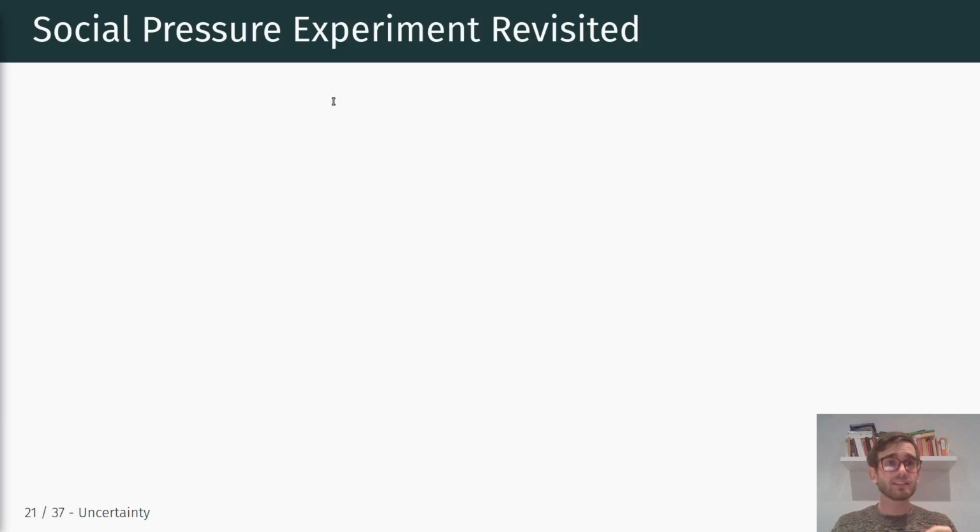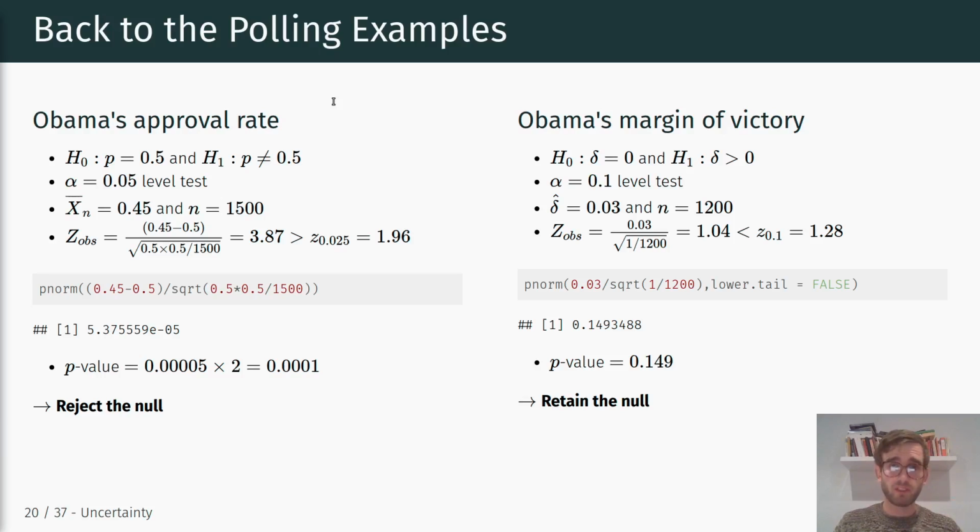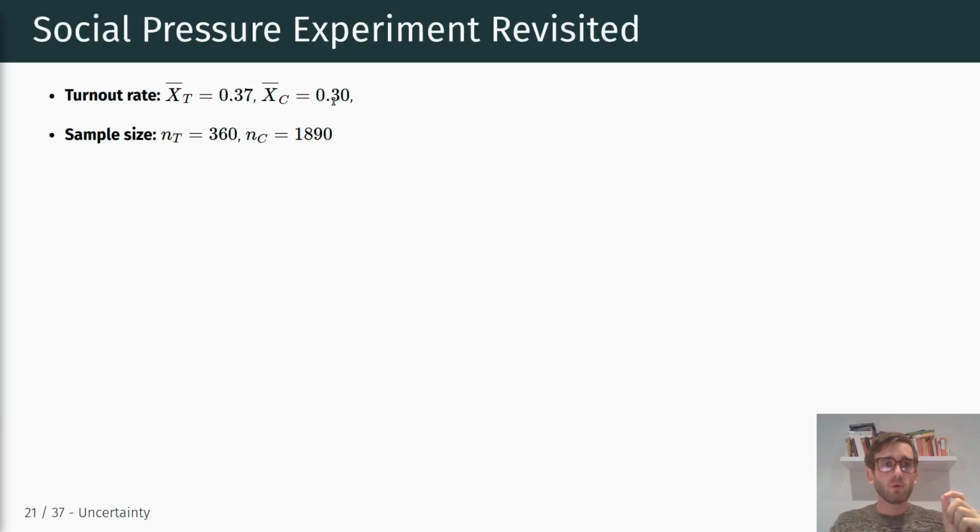Note that this is a different example from the previous examples that I just went through, where we look at one sample and compare it against the null hypothesis of the population parameter being equal to some value. Here, we're looking at two different samples, and we want to examine whether those two samples are significantly different from each other in order to estimate the average treatment effect of our intervention.